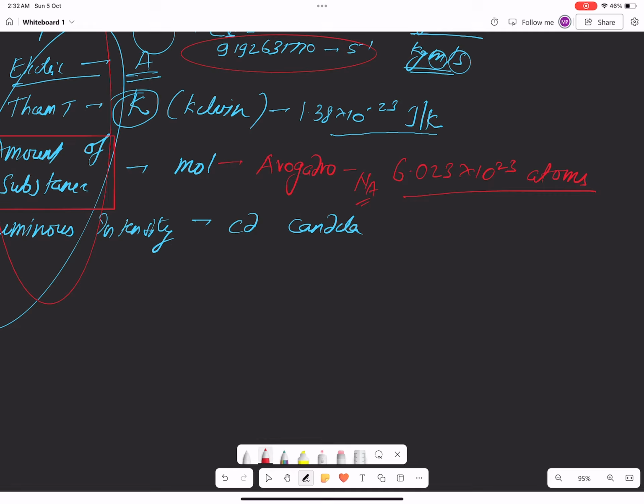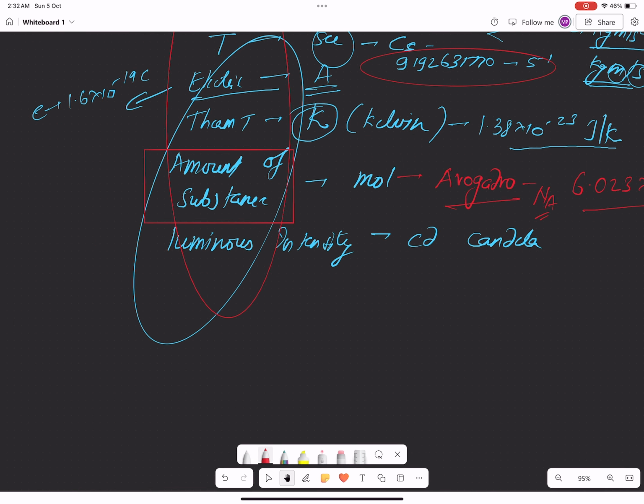So there can be numerous elementary entities which can be associated with this Avogadro's constant.